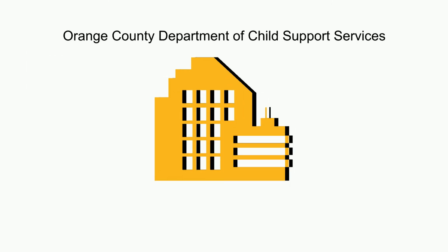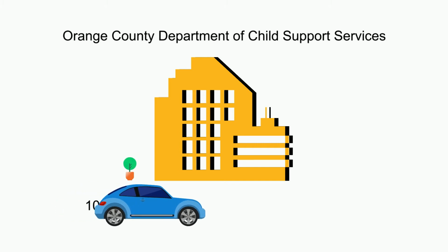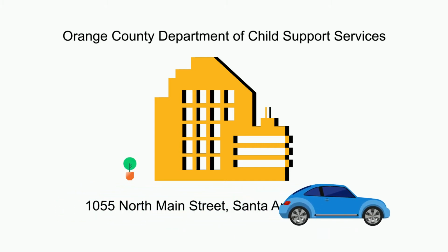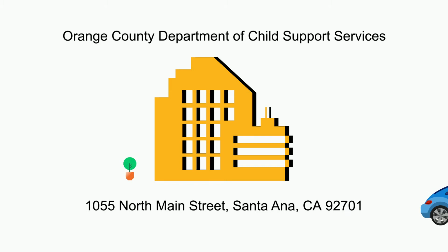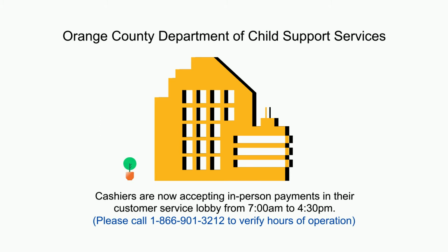The Orange County Department of Child Support Services is located at 1055 North Main Street, Santa Ana, California 92701. Cashiers are now accepting in-person payments in their customer service lobby from 7 a.m. to 4:30 p.m.